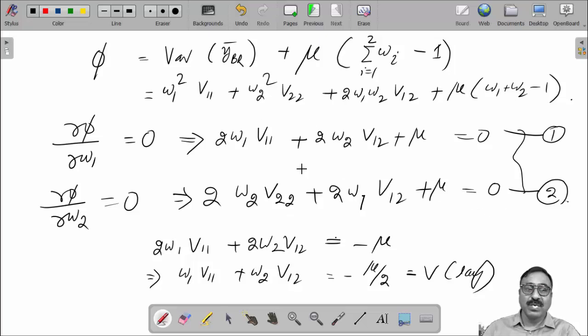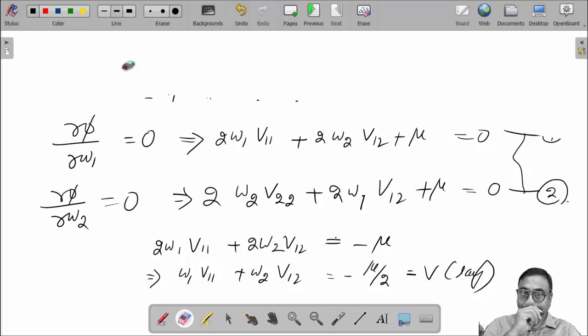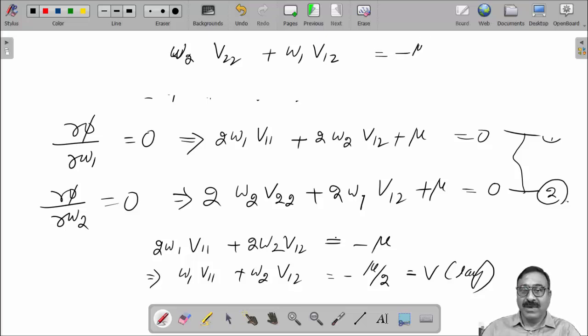Similarly, from equation 2 we get W2V22 plus W1V12 equal to minus mu 2 by 2, that is equal to V.